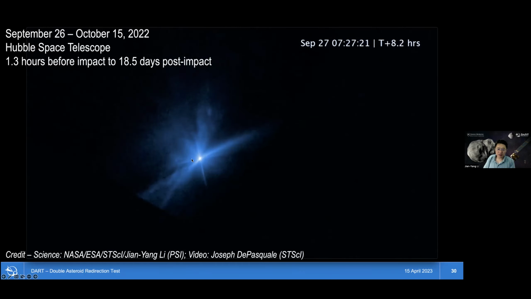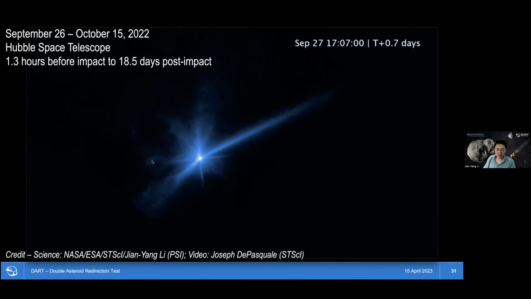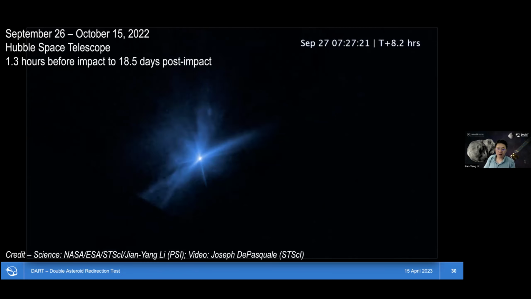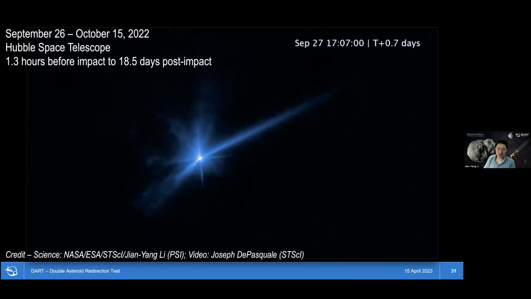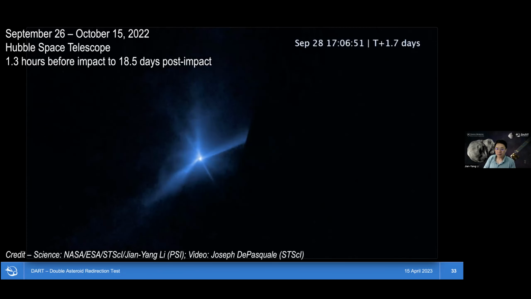In the meantime, you can see there's a long feature extending towards the right and growing. That is the tail. That's because all this dust is pushed by solar light very gently, but strongly enough to push this dust out of the system. And that forms a tail. This is very similar to the tails of comets.